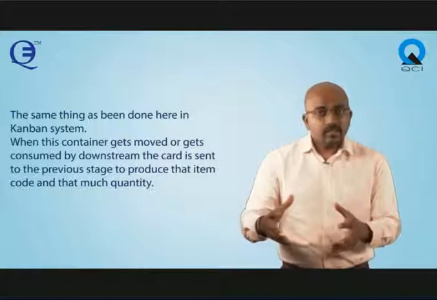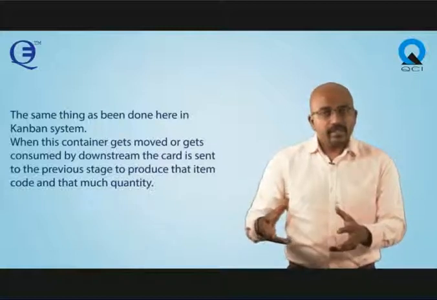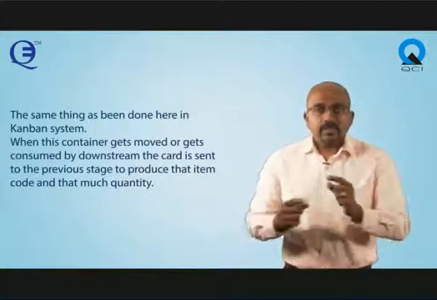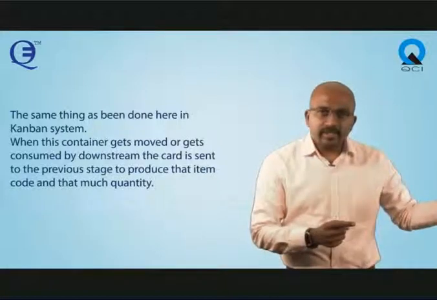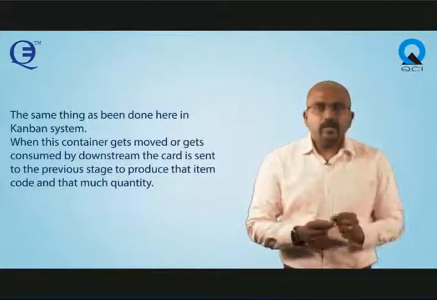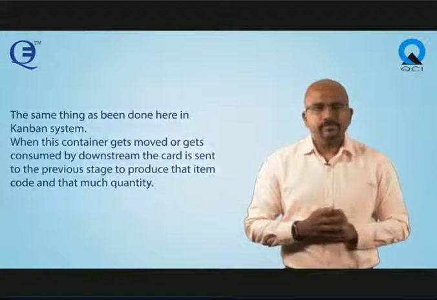When this container gets moved or gets consumed by downstream, the card is sent to the previous stage to produce that item code and that much quantity. So it is telling the previous station what to produce and how much to produce. But most importantly, it is telling the previous stage what not to produce.